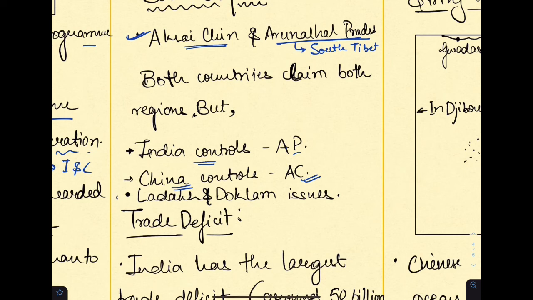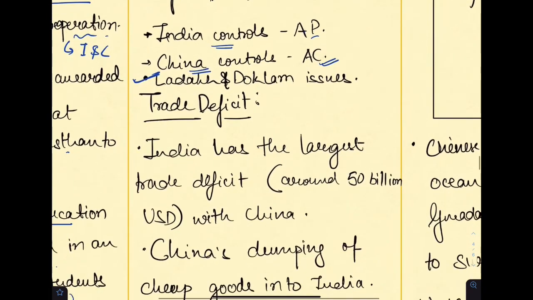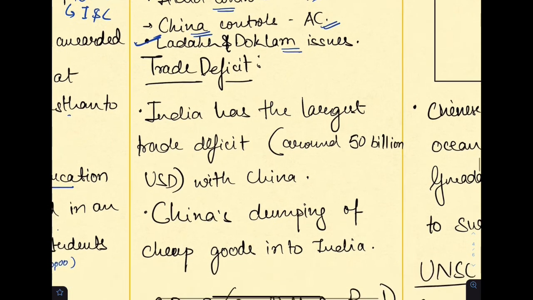Then there were the Ladakh and Doklam issues. I told you, these are the more contemporary issues. These are the issues due to which India-China relations become more important, because questions come from these parts only.